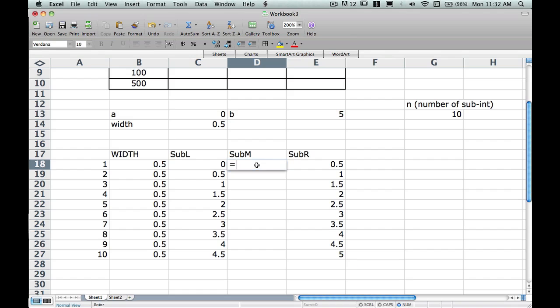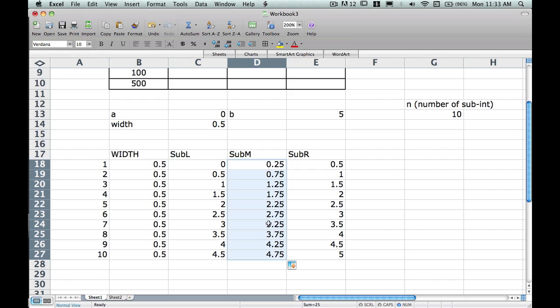Now the midpoint is going to be the left side of the subinterval plus half of the width. So I'll put the width divided by 2. I'll drag that down, and these are all of the midpoints for the subinterval.